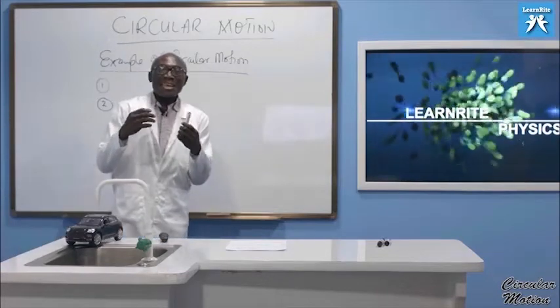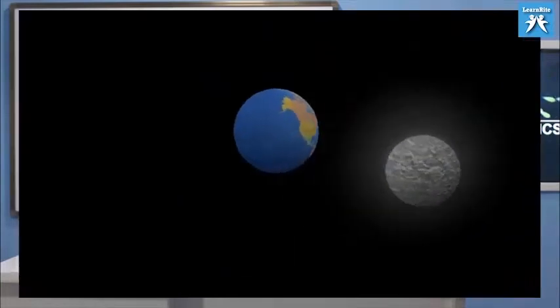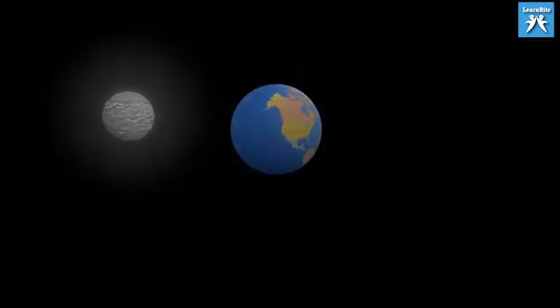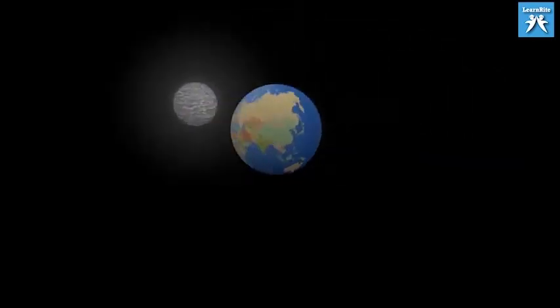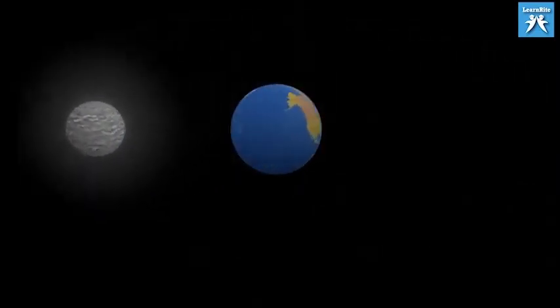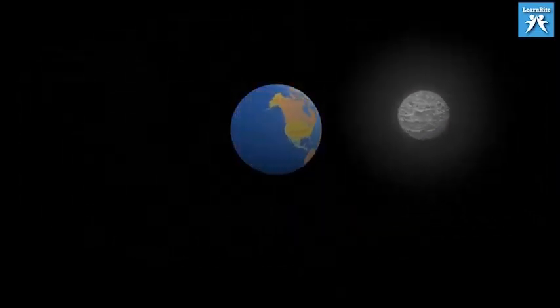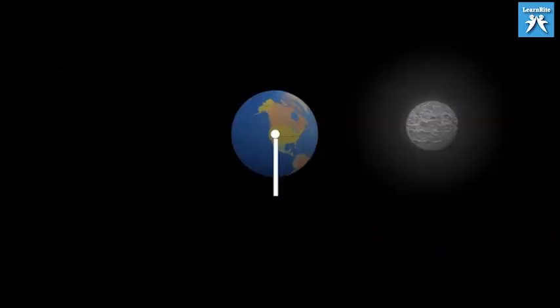Now, taking the moon and then the earth, we all know that the moon goes around the earth. This is the earth, and this is the moon. And the moon is going around the earth. Where is the center of this circular path performed? The center is found within the earth.